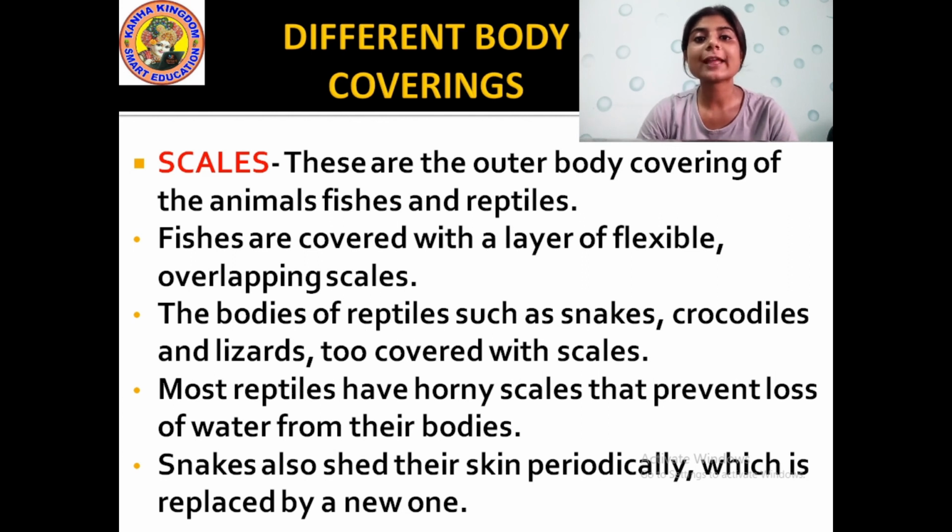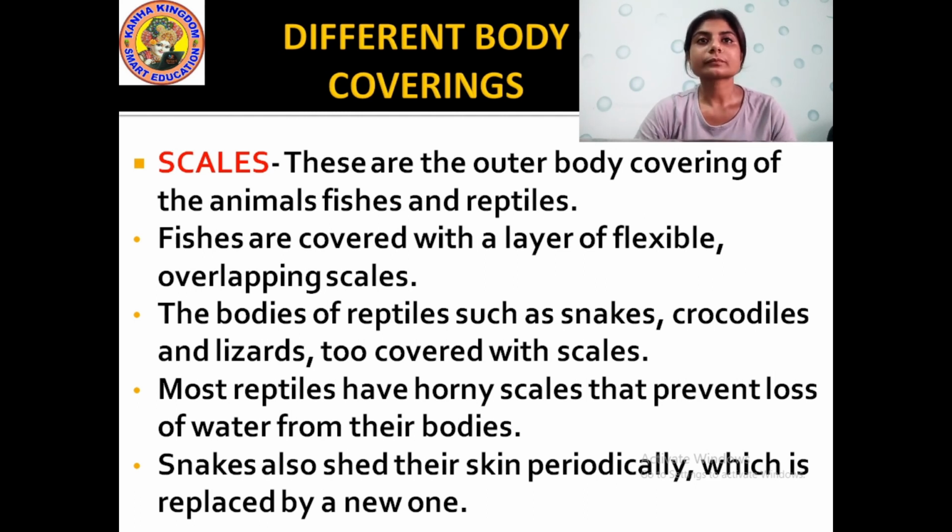They crawl on their four legs. That is why they are called reptiles. Understood? Snakes also crawl in the grass or on the land. Yes or no? So these animals who crawl are called reptiles.